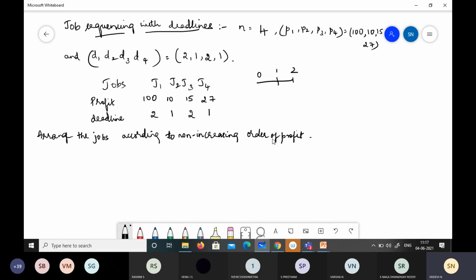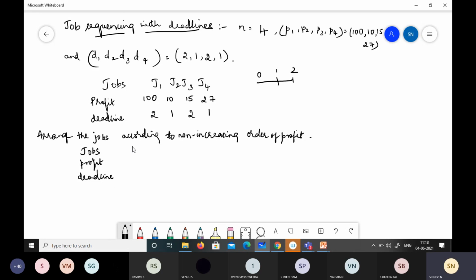They'll ask you for non-increasing order, which is nothing but decreasing order. So let's arrange in non-increasing, that is decreasing, order.